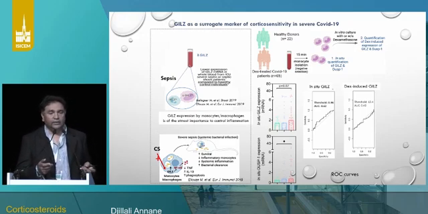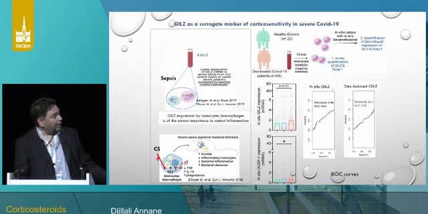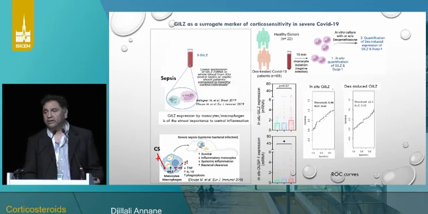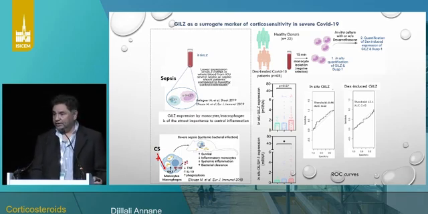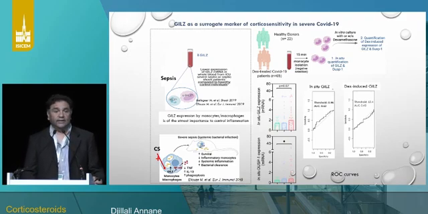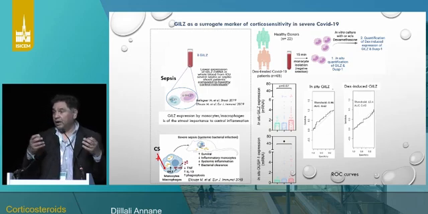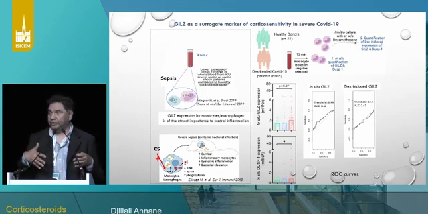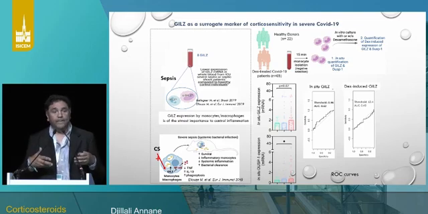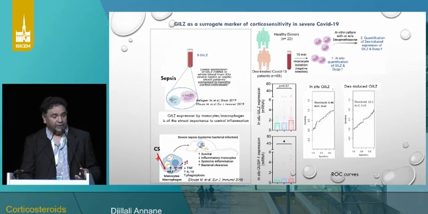What we found in this cohort of patients with COVID-19 is that a group of patients were unable to express GILZ or DUSP1 adequately under dexamethasone, thus indicating that the intracellular machinery of corticosteroid effectiveness was altered in this group of patients. So, another potential biomarker of corticosteroid resistance in COVID-19 patients.